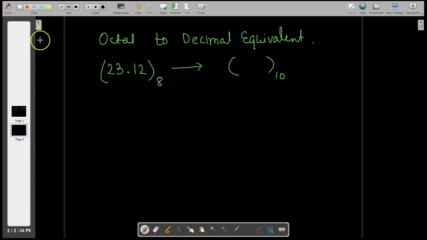How are we going to do this? Same way, we'll just number the digits: 0, 1 from here, and this will be minus 1, minus 2.